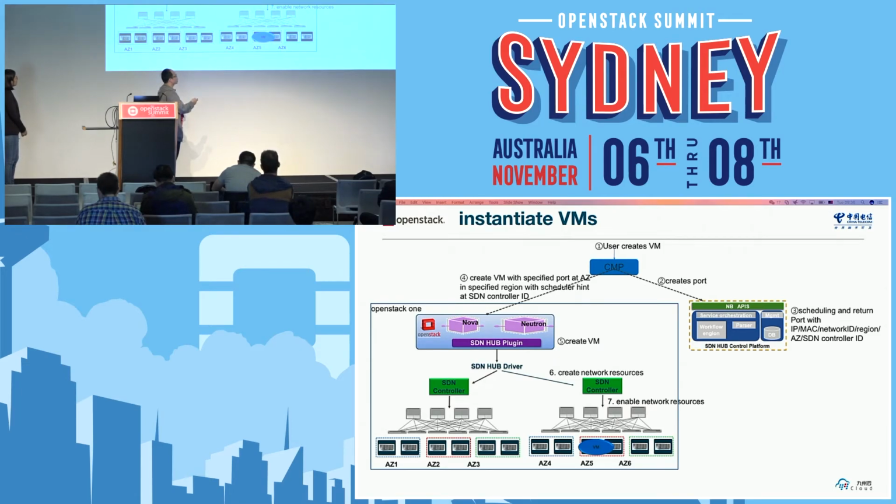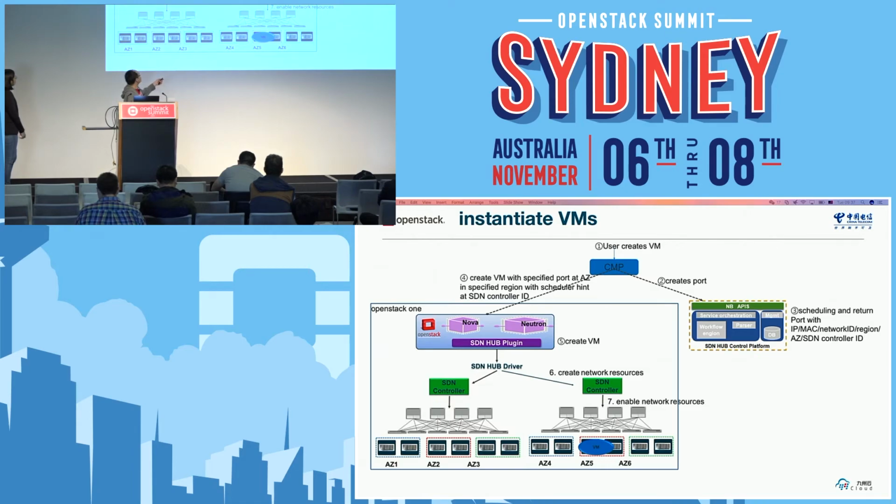It returns a port with IP, MAC address, network ID, and the regions, availability zone, and even SDN controller ID. All this information will return to the CMP. With this information at hand, the CMP will send the virtual machine creation request to the specific region of the OpenStack. The OpenStack receives the requirement.